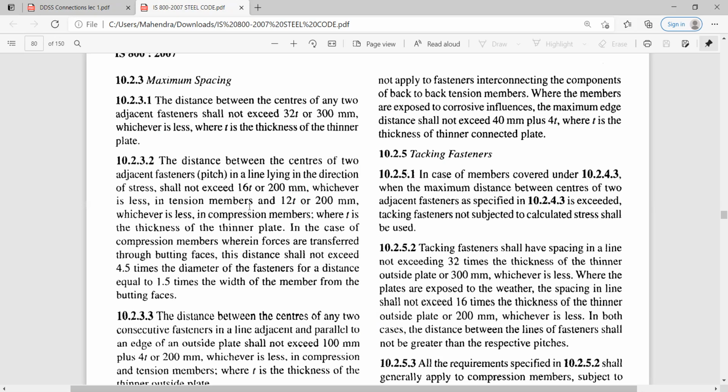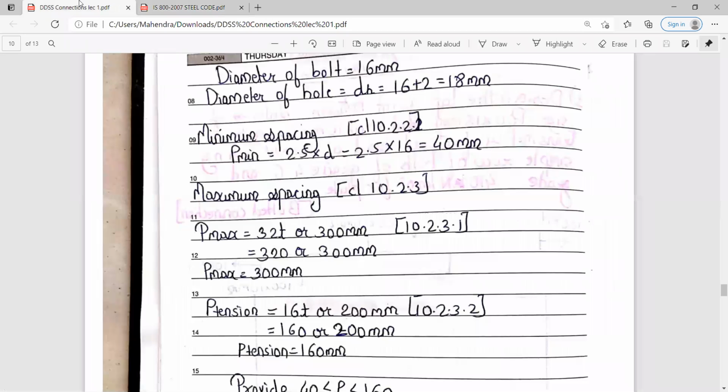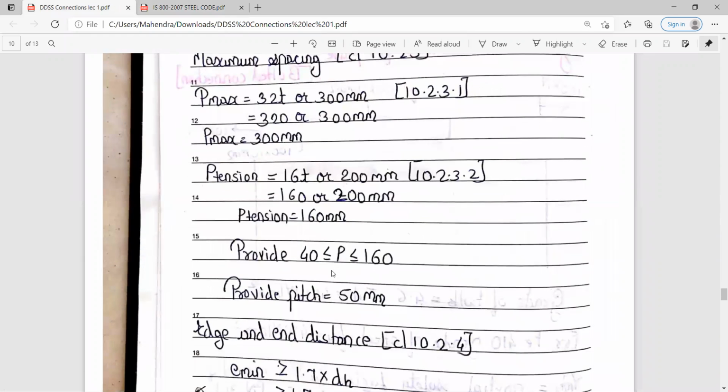For tension member, it should be 16T or 200 mm. And for compression, it is 12T or 200 mm, whichever is less. So टेंशन के लिए आप कंसिडर करोगे 16T और 200 mm, और कॉम्प्रेशन के लिए आप लोगे 12T और 200 mm. So same values we have taken, 16T or 200 mm for the P tension.